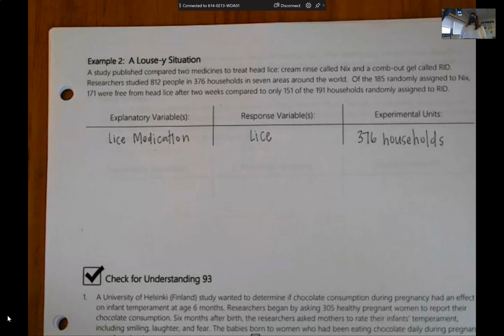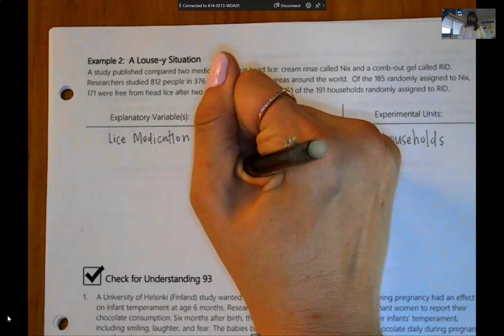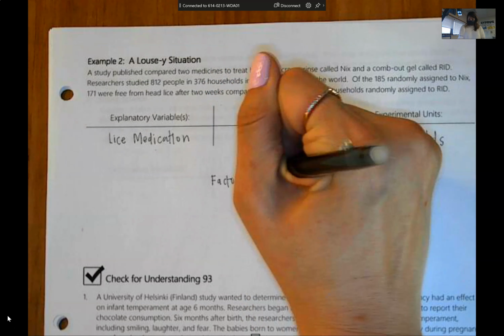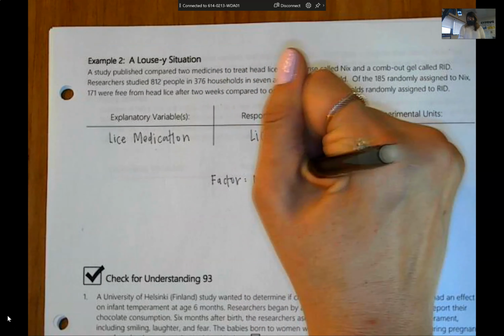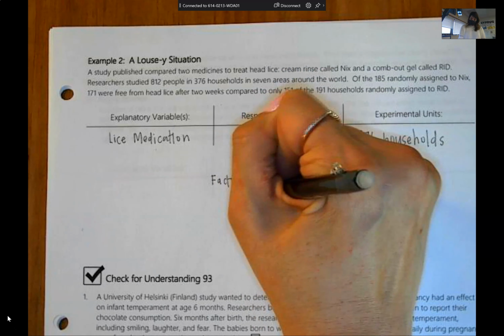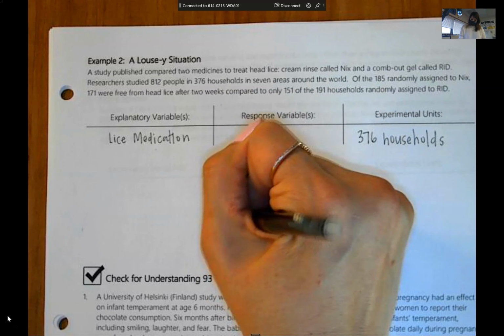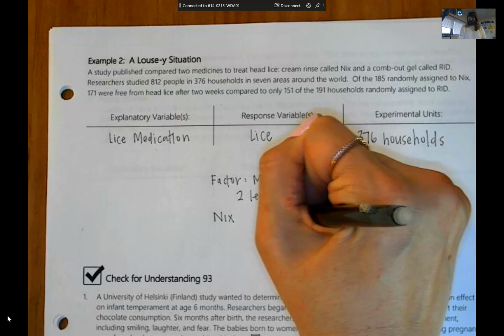Okay, well now if we wanted to show factors, levels, treatment groups, all that stuff, it's really easy this time. We have one factor, it's the medication. It has two levels. One level is Nix, the other one is RID.